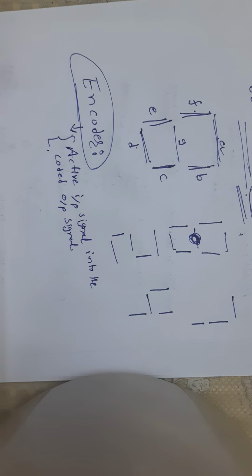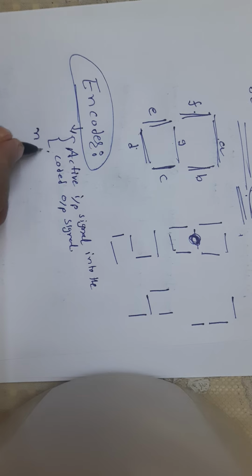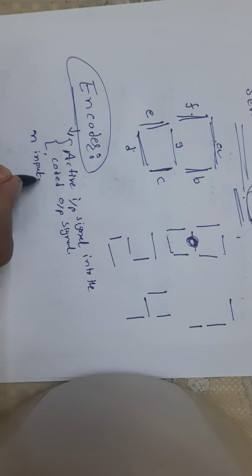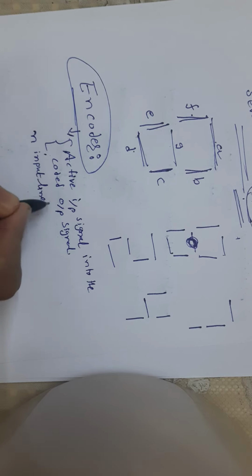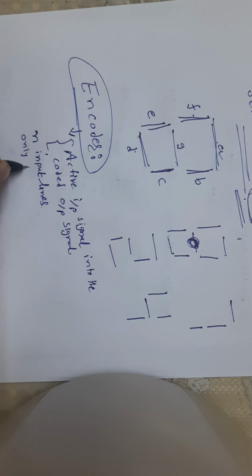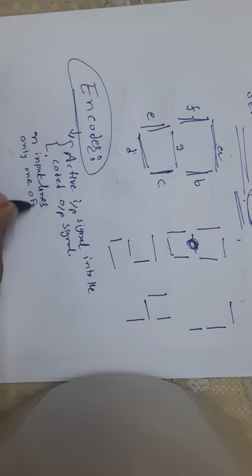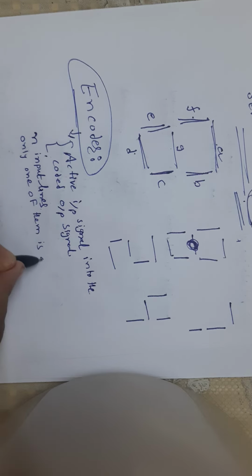The general idea is that there are n input lines, only one of which is active.